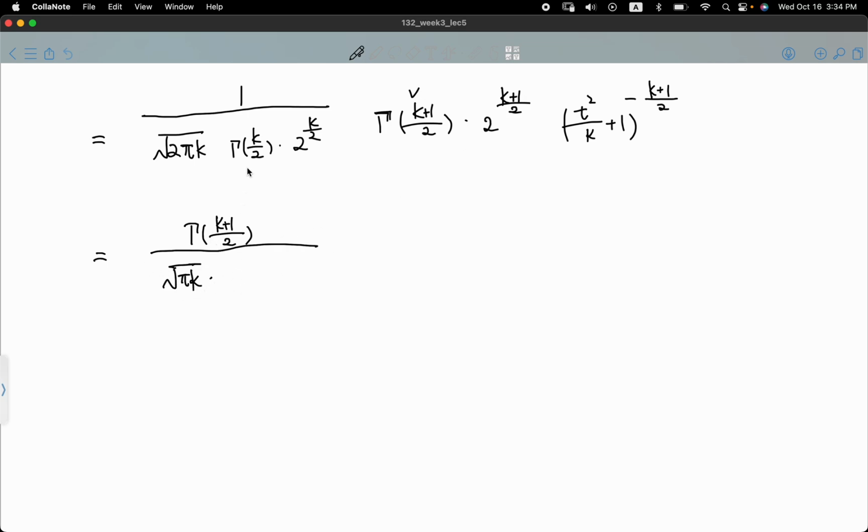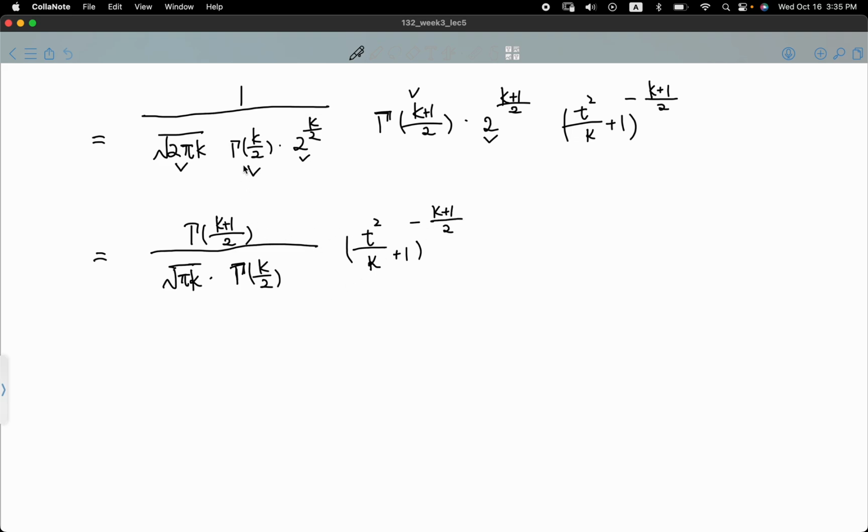Okay, and then this one is good, this one is good, and then you have the gamma function of k over 2. So this is also taken care of, and then you just have t squared over k plus 1 to the power of negative k plus 1 over 2.